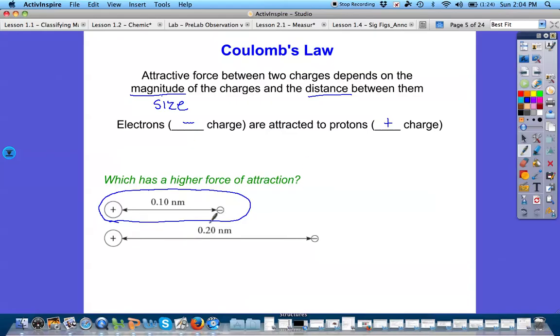So here in our picture, the magnitude is the same. But the smaller distance results in a higher attraction.